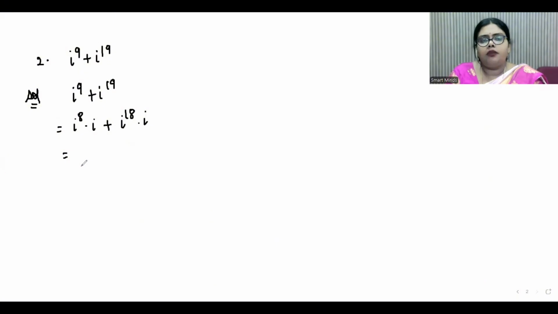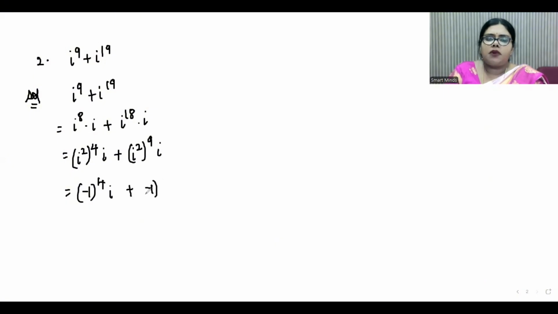Now i power 8 we can write as i square whole power 4 into i. And i power 18 can be written as i square whole power 9 into i. Now i square is minus 1, so minus 1 whole power 4 into i plus minus 1 whole power 9 into i.